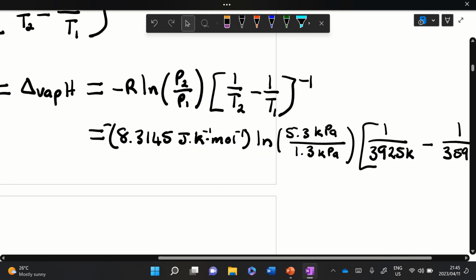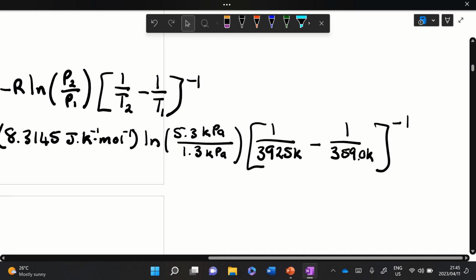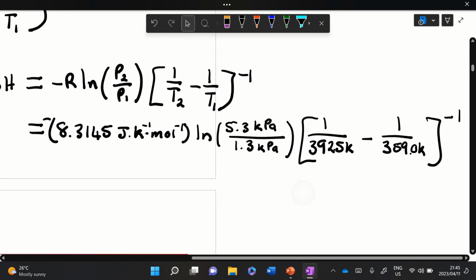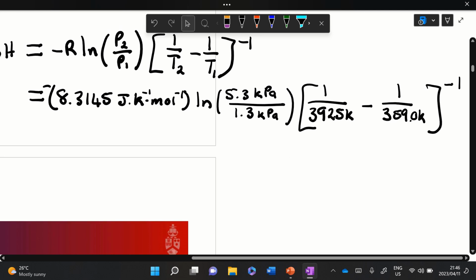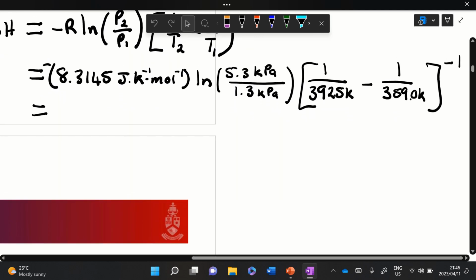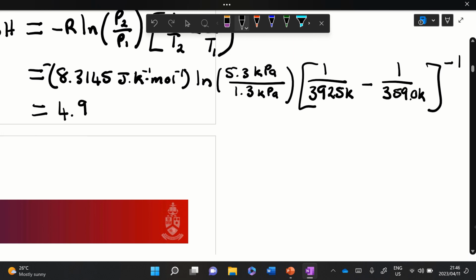Of course, you can take the minus in there, then this would just flip. You can really do these things whatever you'd like. You can take the minus into the ln as well, and then just flip the ln. You can do this in a range of ways. And then this should give you a value of 4.91 times 10 to the power 4 joule per mole.